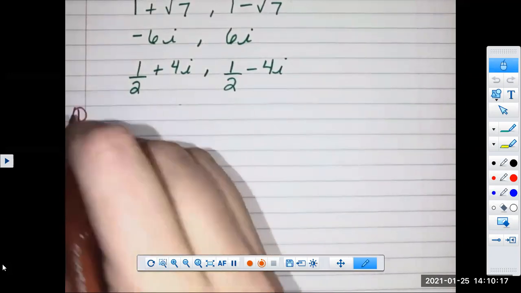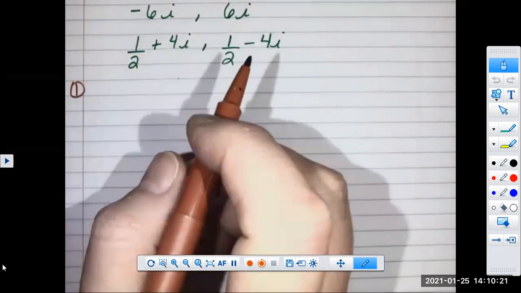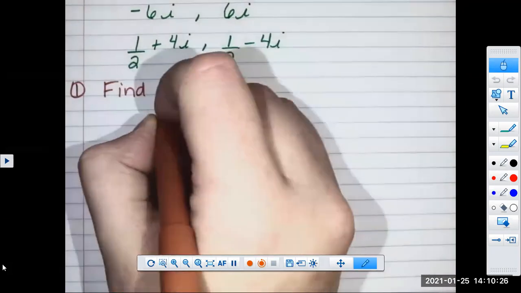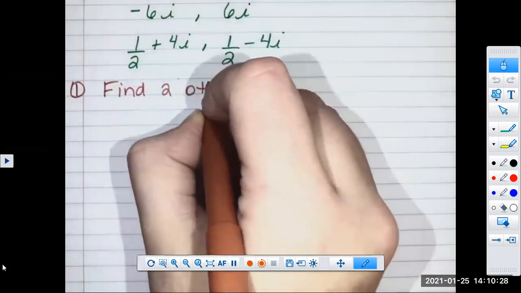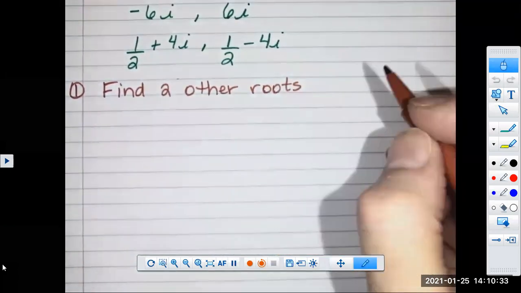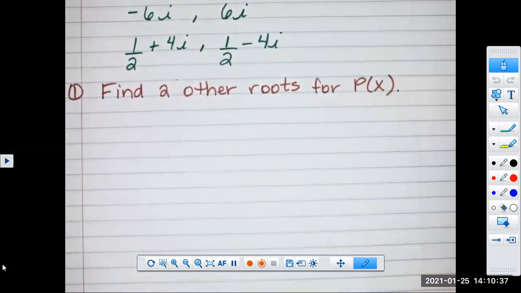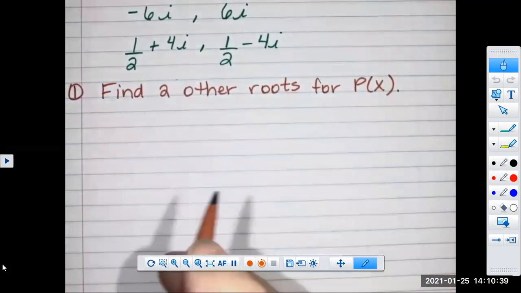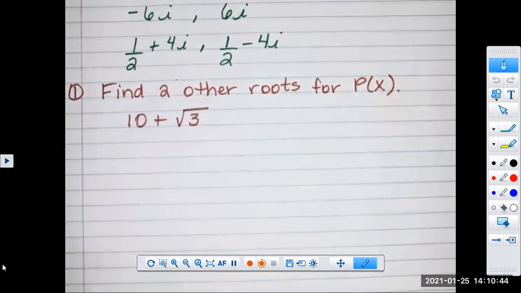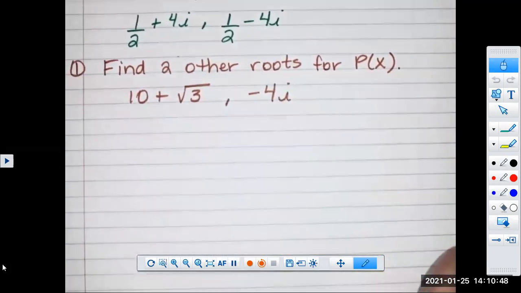All right, so your directions are all kind of different in 5.5. This one says find 2 other roots, type them in separated by comma, for polynomial p of x. And they give you that 10 plus root 3 is a root. And they also tell you that negative 4i is a root.